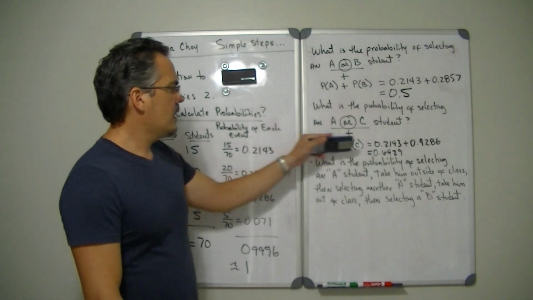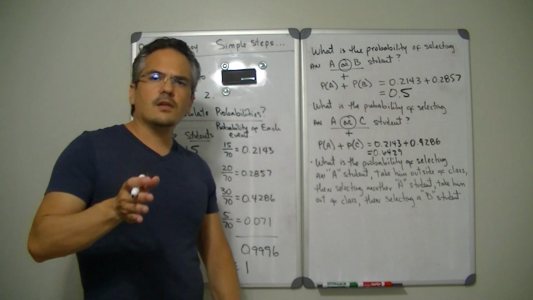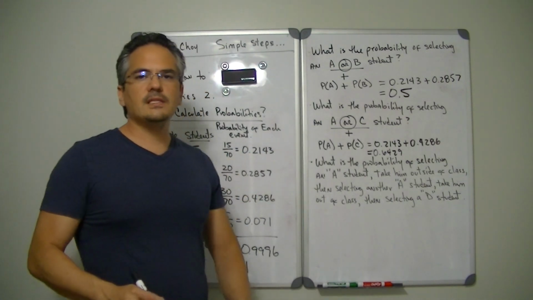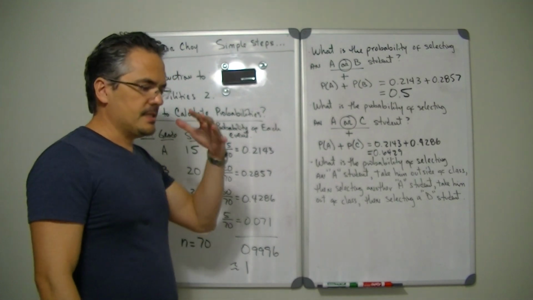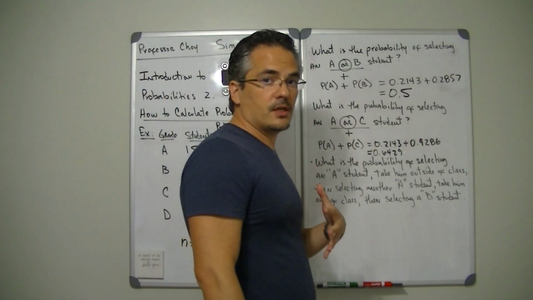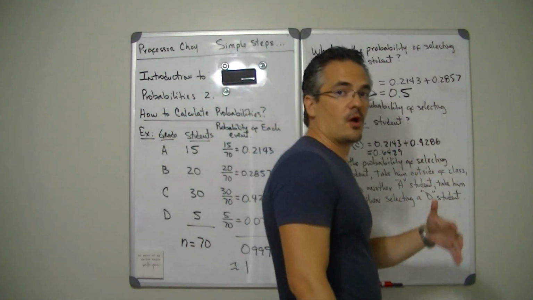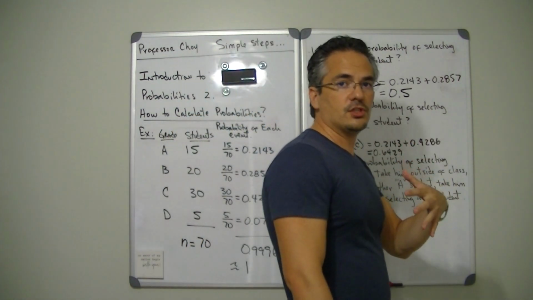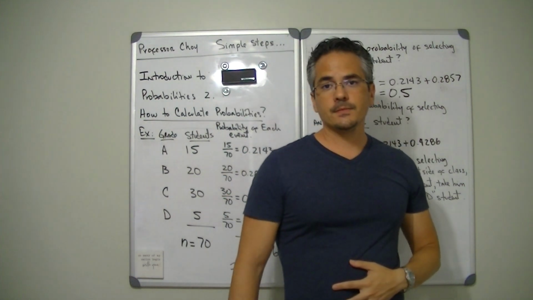Now these are what we call conditional probabilities, and they are in a sort of a sequence. So basically, the first probability, but then the second probability is under the condition that the first one already happened, and then the third probability is under the condition that the second and the first already happened.